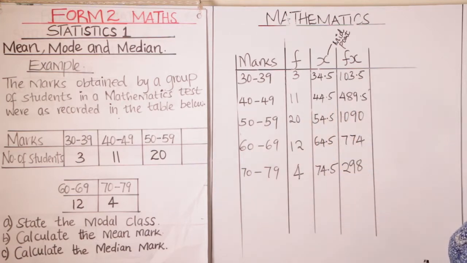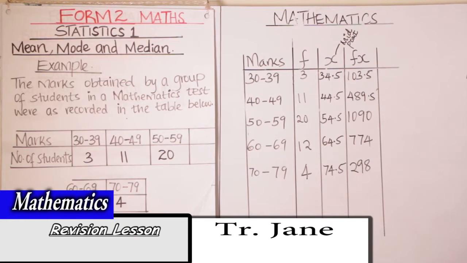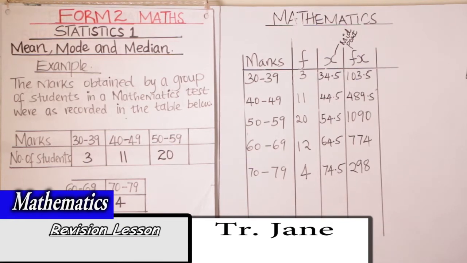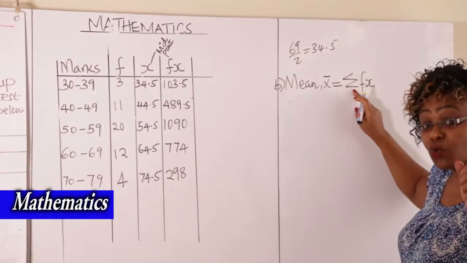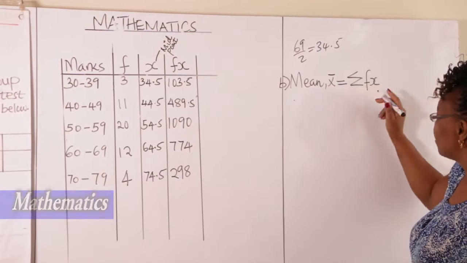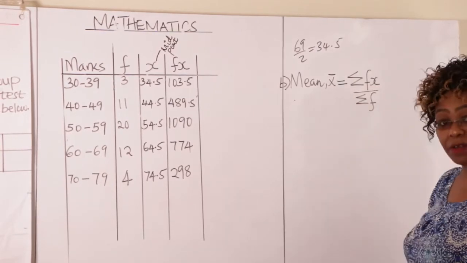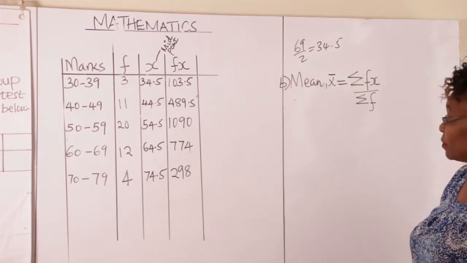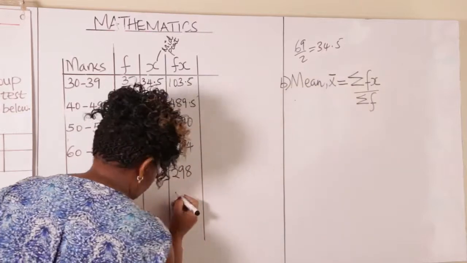From there, learner, the mean, which is symbolized as x bar, is given by the formula: summation, or sum, of fx, you add all the fx's, divided by the sum of f. So learner, you come and add all these fx's.